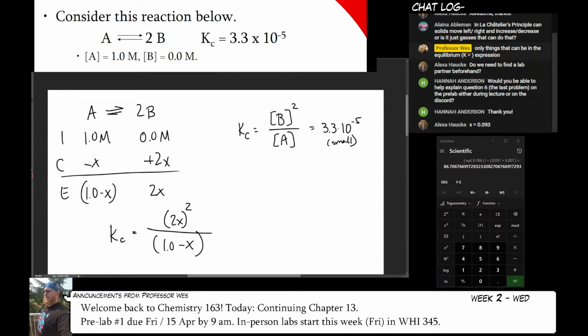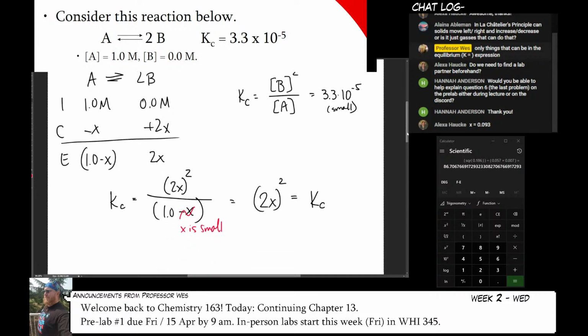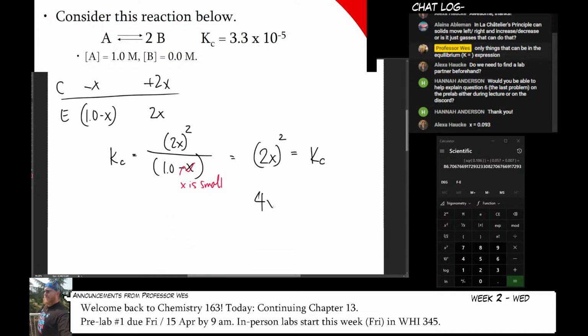And so there's A. I have a quadratic, but what we're going to do is say, okay, we're going to assume x is small. And so now my expression is Kc equals (2x) squared divided by 1, which reduces to this, which then reduces to this, which then reduces to this.